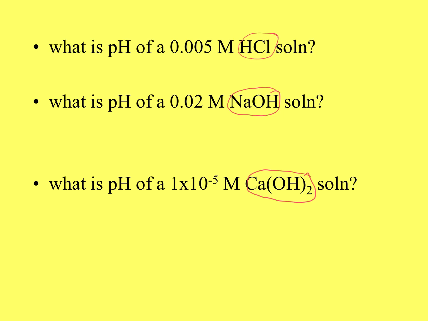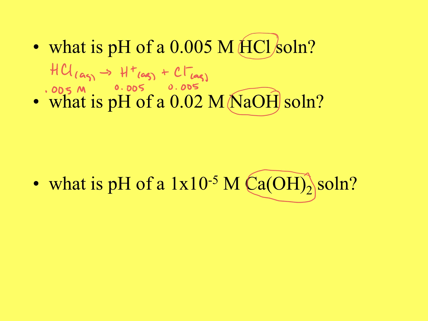A strong acid is going to completely dissociate into H+ ion and Cl- ion. So if the concentration of this HCl is 0.005 molar, that means after ionization is complete, the concentration of both of these will be 0.005.